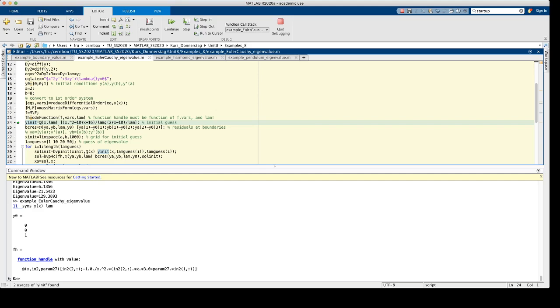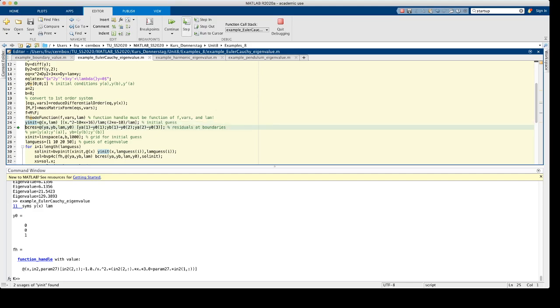My initial guess of the solution is just a parabola through the endpoints with the correct slope, and I divide by lam to have some variation in the initial condition, and the second row of this function handle is the derivative of the first row. So we have a parabola in the first row and a straight line in the second row.